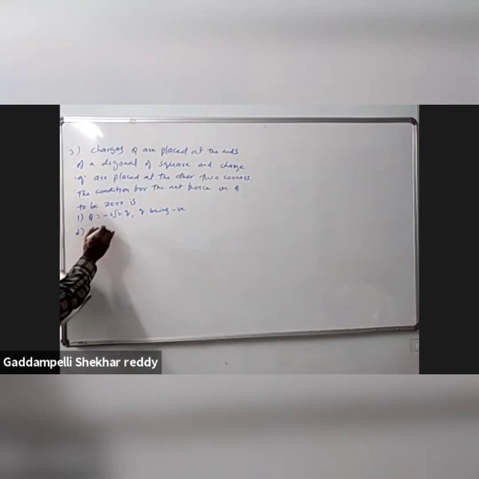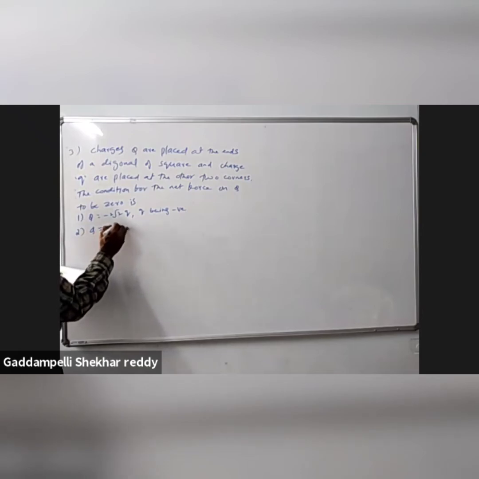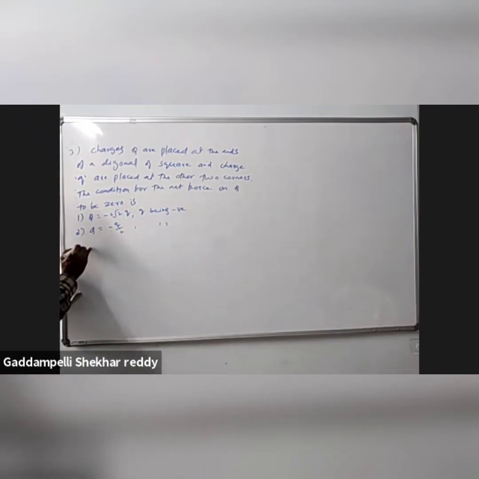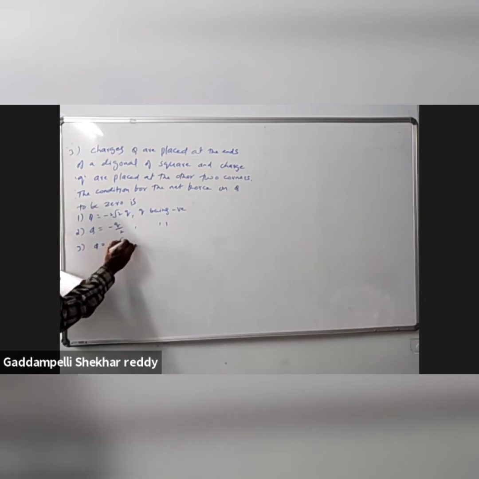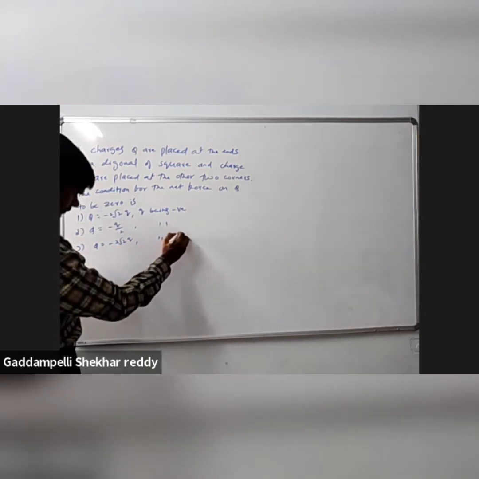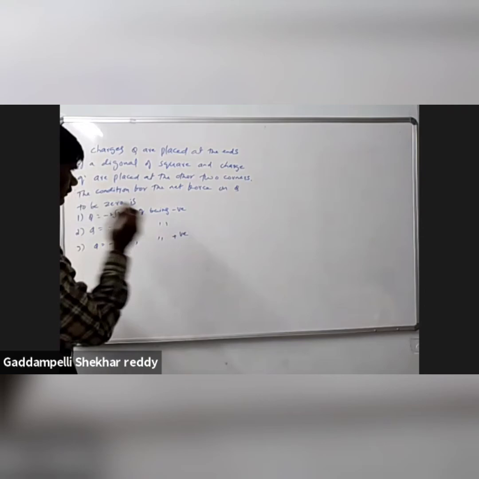Second answer: Q is equal to minus Q by 2, q is negative. Third answer: q is equal to minus 2 root 2 Q, q being positive.